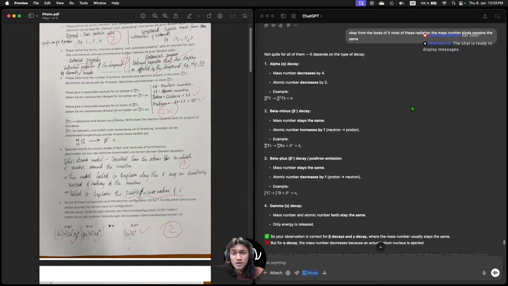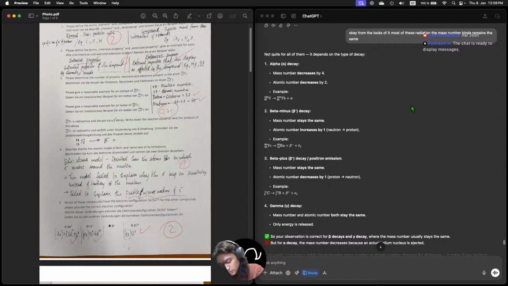So for alpha decay, okay. Mass number decreased by 4.